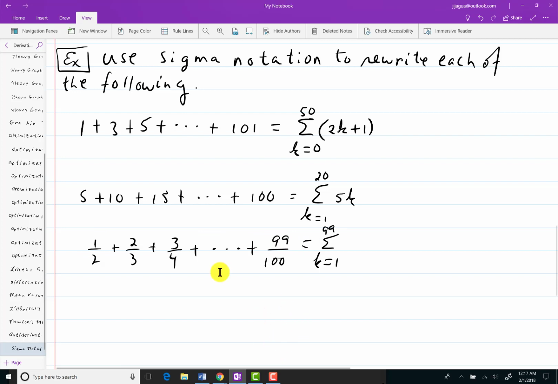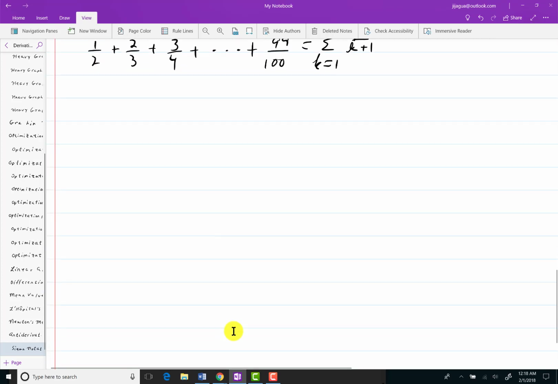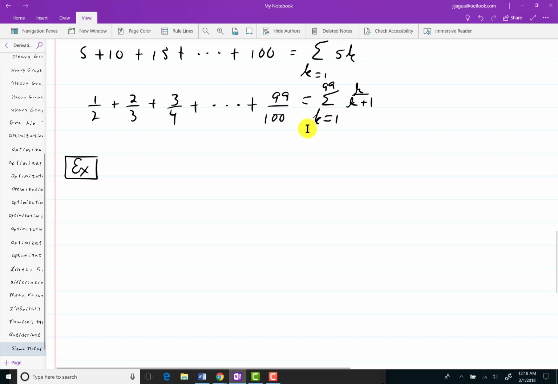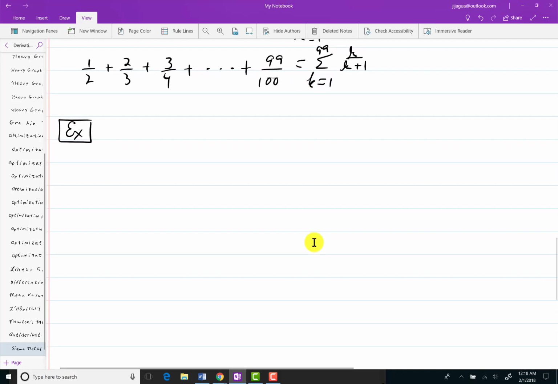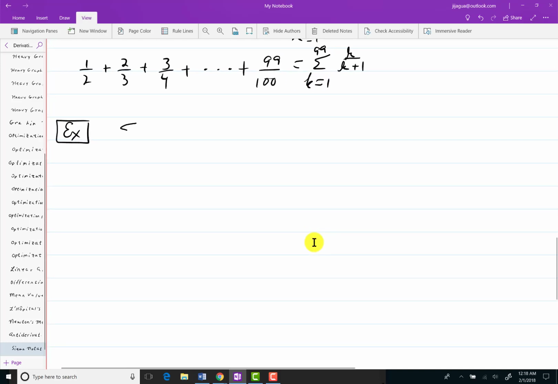And then how should I write it? You'll have k, but then this is 1 more every single time, so I can write k plus 1 down here. The letter is not important. I'll usually use a K or an I, but you can absolutely use any letter that you would want. Another common letter that's popular is the letter N.